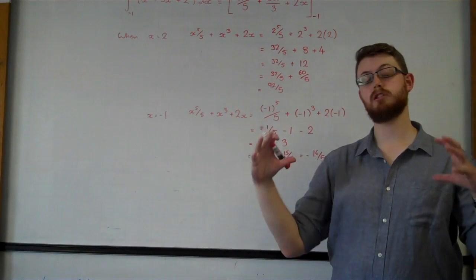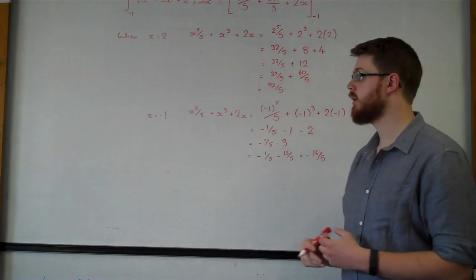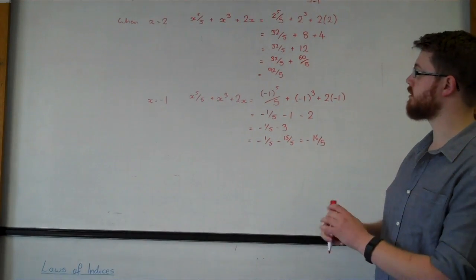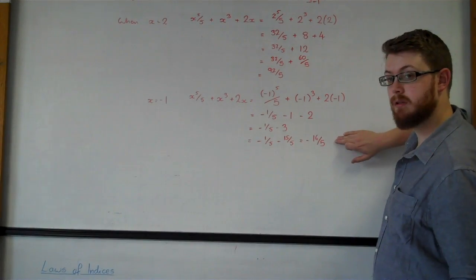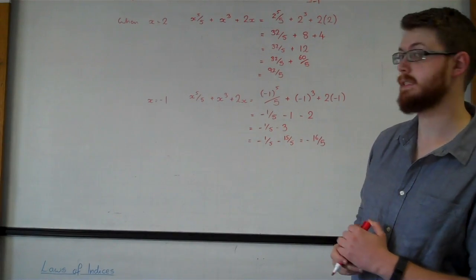Okay, we've got our 2 bits. The last step is we do this number, take away this number. Again, being careful that we've got a negative.